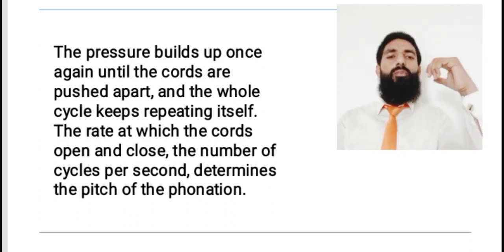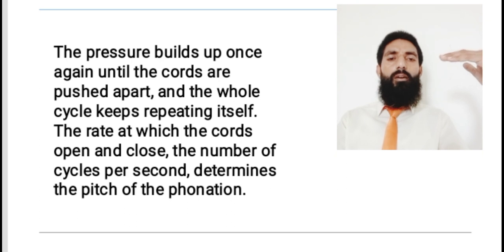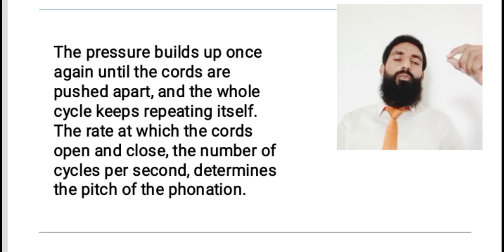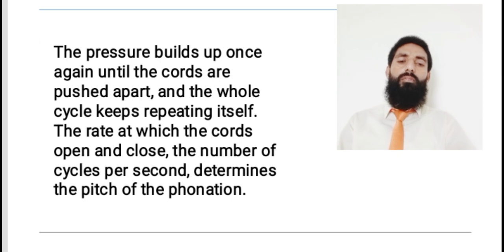This pressure goes on increasing and decreasing, and this cycle repeats, because whenever you talk, whenever you speak, this is the same procedure we have to pass through, and our vocal cords react in return, and hence the sound is produced.